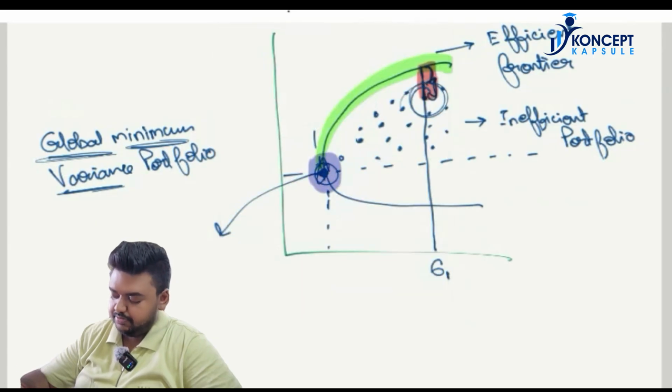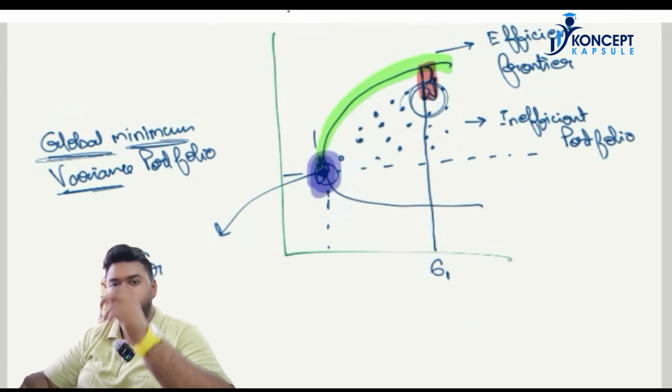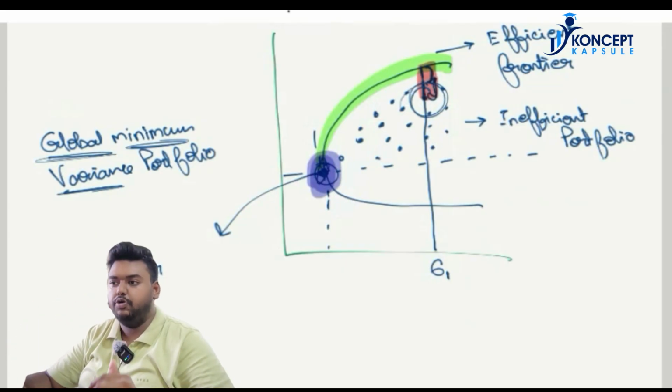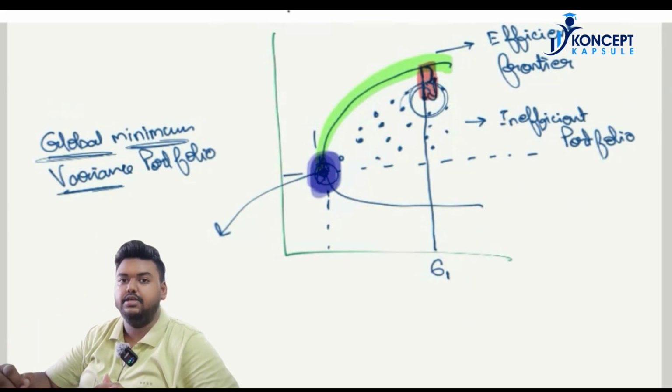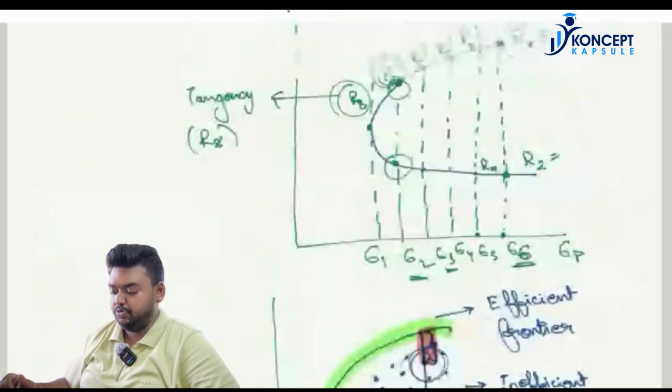Are we clear? You have a portfolio which has the lowest risk, and there is no portfolio with a risk lower than this point of tangency. So this is known as the global minimum variance portfolio.